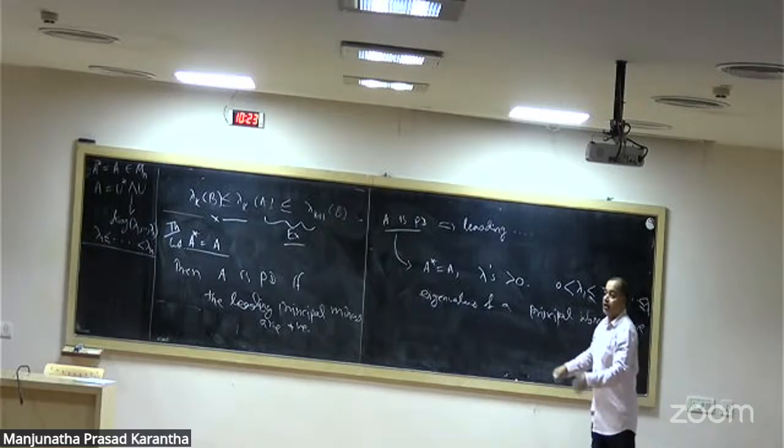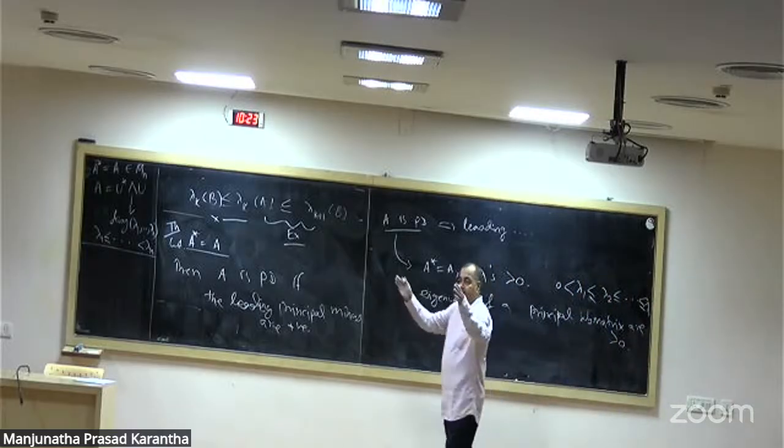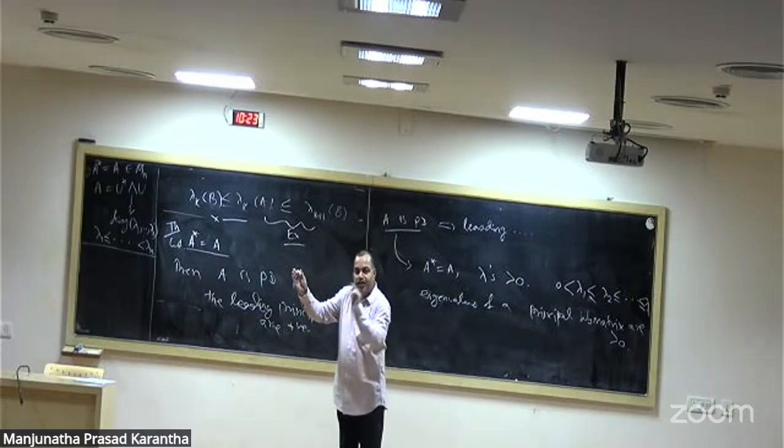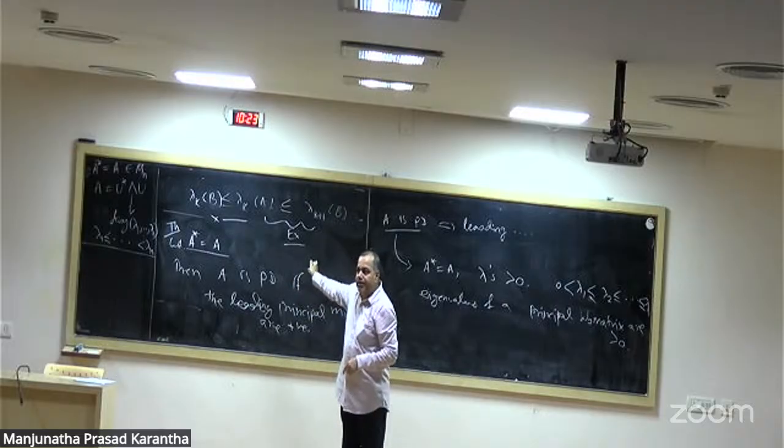That's what it says. The Cauchy interlacing theorem says if the bigger matrix has these eigenvalues, then the smaller matrix will have eigenvalues in the gaps.